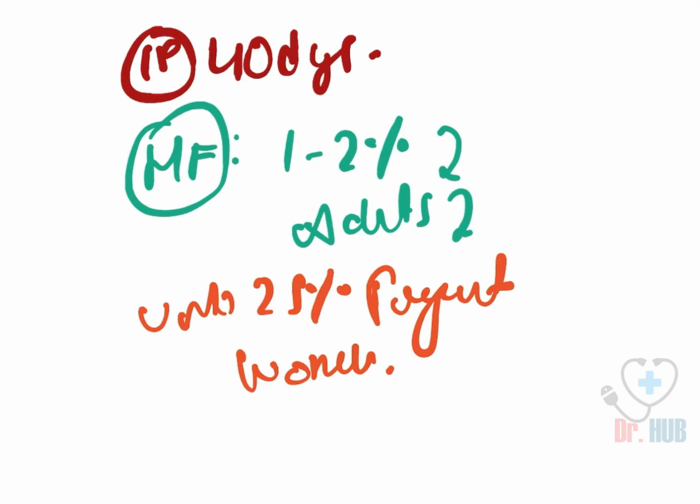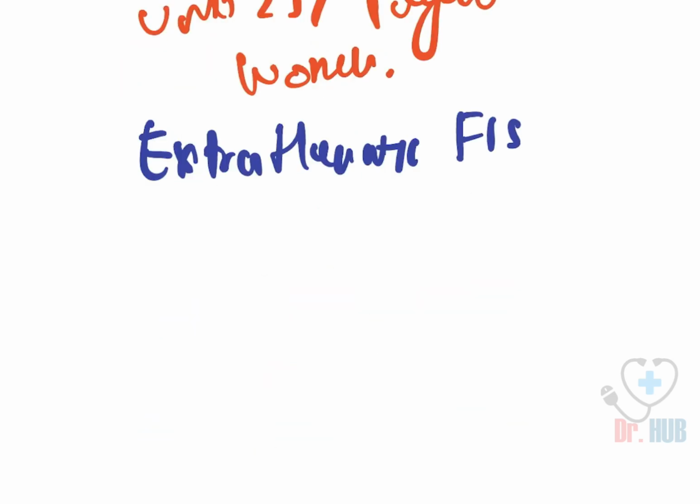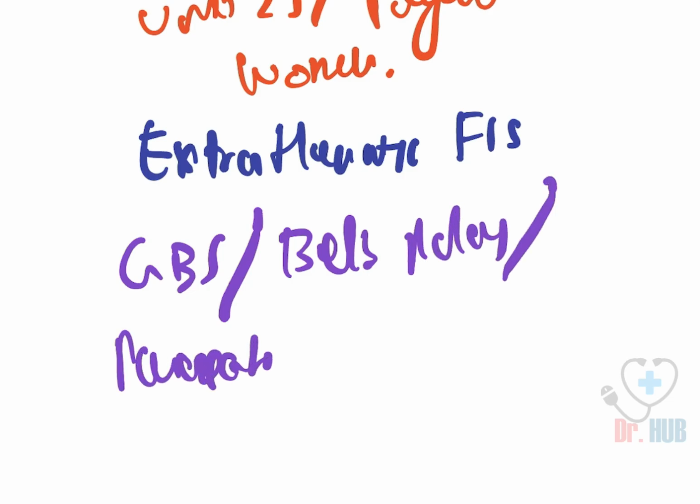Next, we look at the other features, that is the extrahepatic features. This includes GBS, Bell's palsy, pancreatitis, and glomerulonephritis.